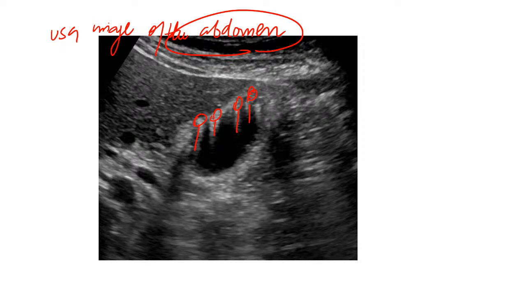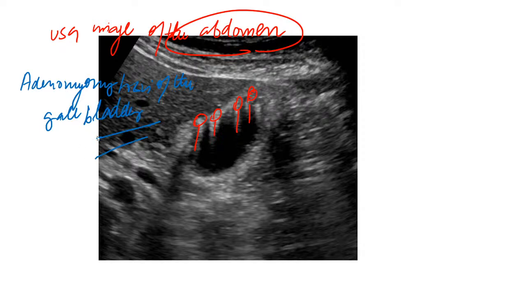These comet tail artifacts within the wall of the gallbladder are seen in a case with adenomyosis of the gallbladder, right?